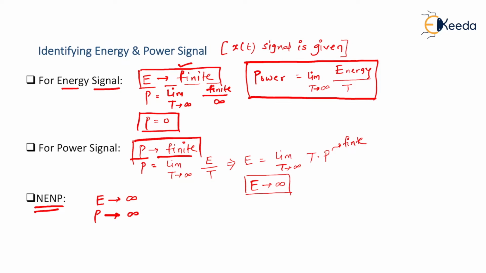So this is how, from the values of energy and power, we identify whether it is an energy signal or power signal. But in the GATE examination, we really don't have so much time for a given x(t) to apply the formula and solve the integration, and only then come to know whether it is an energy signal, power signal, or neither.